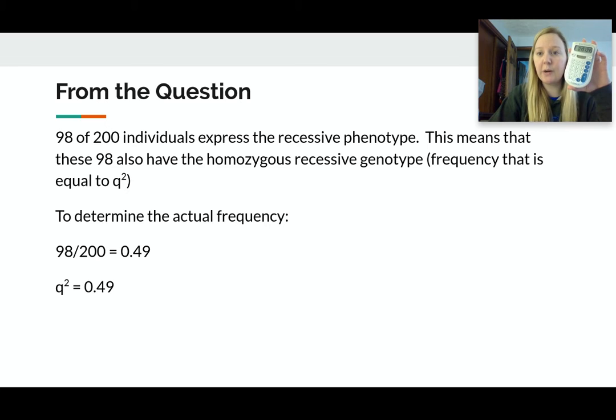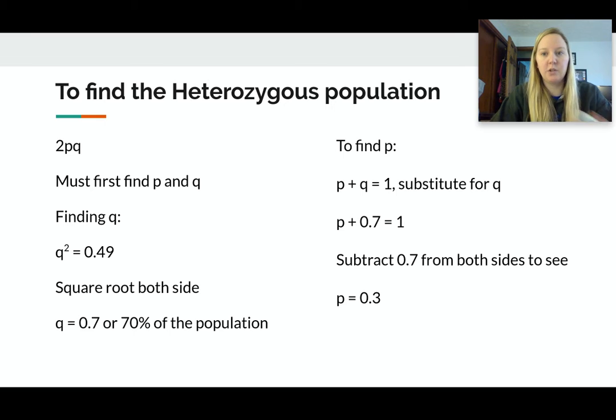Now that we have q squared, we still need to find p in order to find our heterozygote. It's much easier than it's going to sound. Don't clear your calculator. Keep it just like that. First, we have to find p and q to find 2pq. So from q squared, you have to find q.